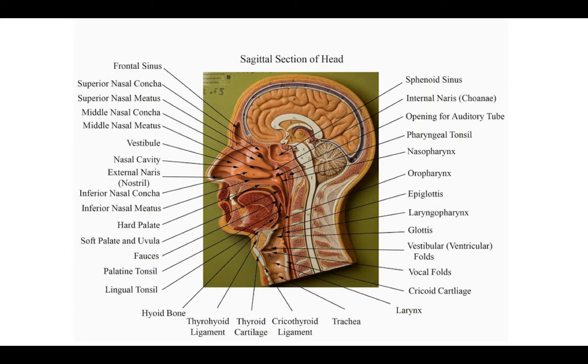The vocal folds also are moved by small skeletal muscles, and those muscles allow you to either increase or decrease the tension on the folds to help change the frequency of the sound. So that's the importance of the vocal folds and knowing where they are in the larynx.